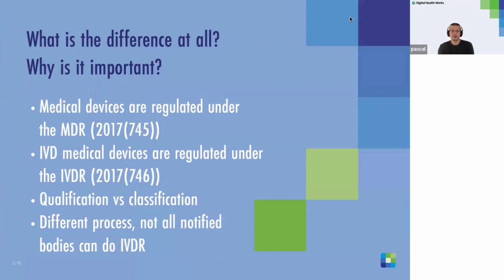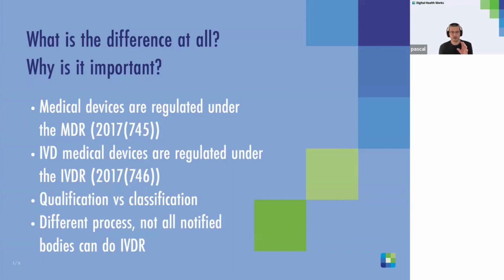The first is the MDR, the Medical Device Regulation, under the number 2017/745, which is for medical devices in general. And then there's 2017/746, the In Vitro Diagnostic Regulation, the IVDR, which is for IVD medical devices. The difference we come to in a moment.